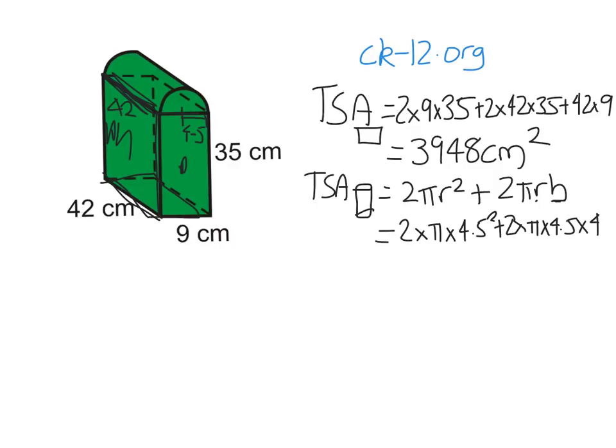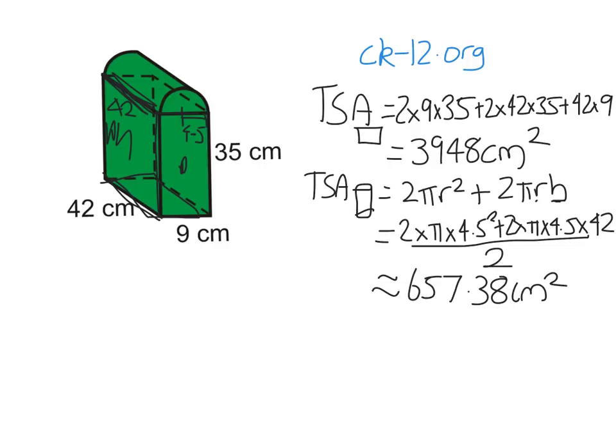So the thing is, though, because this is not a full cylinder, this is a half cylinder, I need to divide this by 2. So again, just put that on your calculator and I should get about 657.38 centimeters squared. So the total surface area, now I can add these two together, will be this plus this, so that gives me about 4,605.38 centimeters squared.